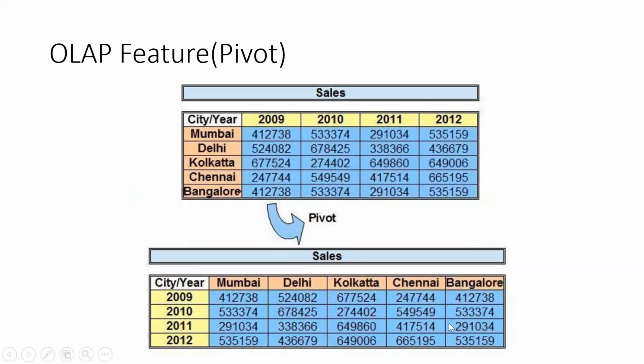The years are split out and segregated over here, each year representing a dimension. We put everything in a single dimension called year, and the cities are mentioned over here, and the facts are passed over here. So just like 2009 Mumbai, we have this record. This kind of thing we can show in a pivot. In a pivot, we are just transposing the data.